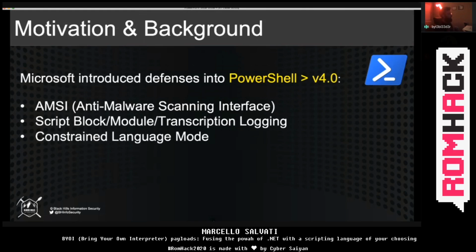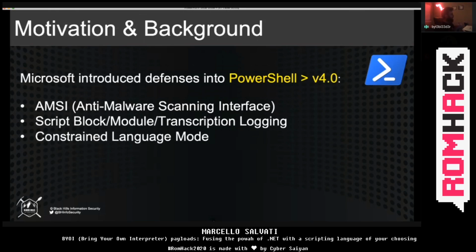Starting with, I don't recall off the top of my head, but I think PowerShell 4.0, I might have meant PowerShell 5.0, but I think it was 4.0, Microsoft introduced a bunch of defenses into the PowerShell runtime in order to start combating, or at least getting rid of the low-hanging fruit, trying to deny the lowest common denominator attacker access to endpoints, right?